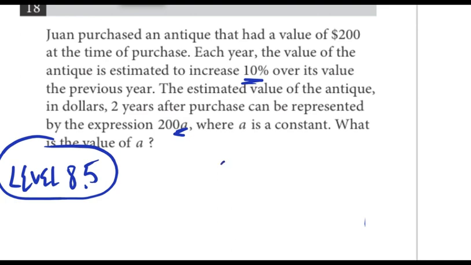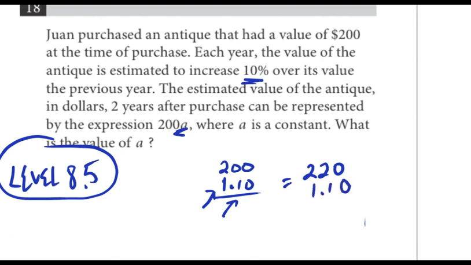So if you started with 200 and you multiplied that by 1.10, that would give you the 10% increase because you're multiplying by the 1 for itself and the 0.10 would be the increase. That would give you immediately 220. Then if you multiply that by 1.10 again, that would give you 242. And that would be much easier to do that in 2 steps than 4 steps.